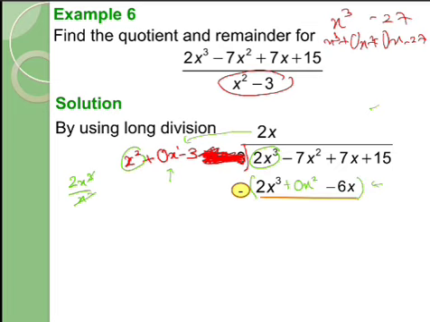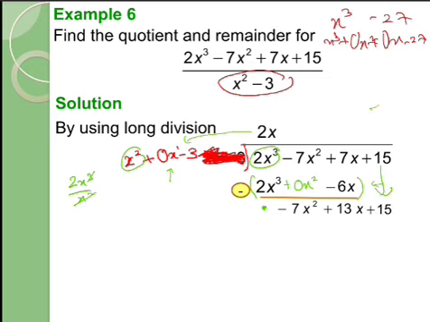So 2x cubed minus 2x cubed is just 0. Make sure it's 0, and it must be 0. If it's not, something is wrong with the quotient. And then negative 7x squared minus 0x squared is just negative 7x squared. 7x minus negative 6x is just positive 13x. Next, bring 15 downwards.